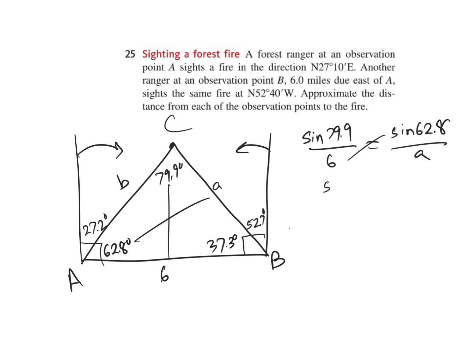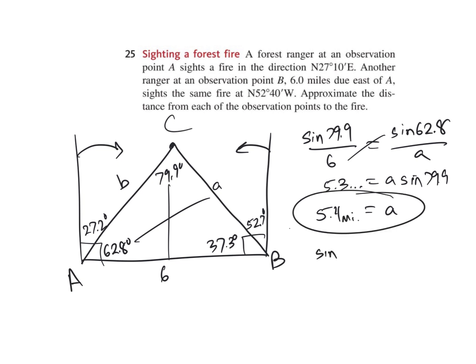So cross multiply, that gives us 5.3, and that's a times the sine of 79.9. So divide by sine of 79.9. And that gives us 5.4 miles. All right, now to get b, so that's a.